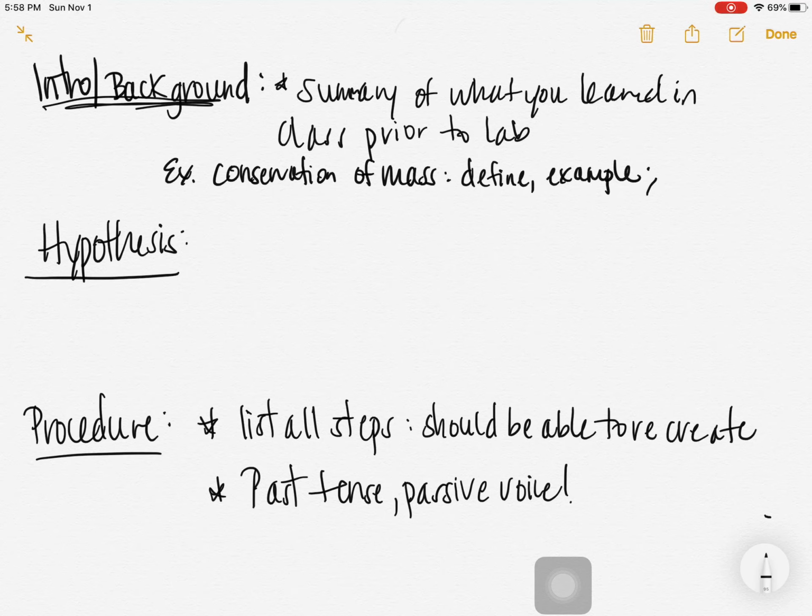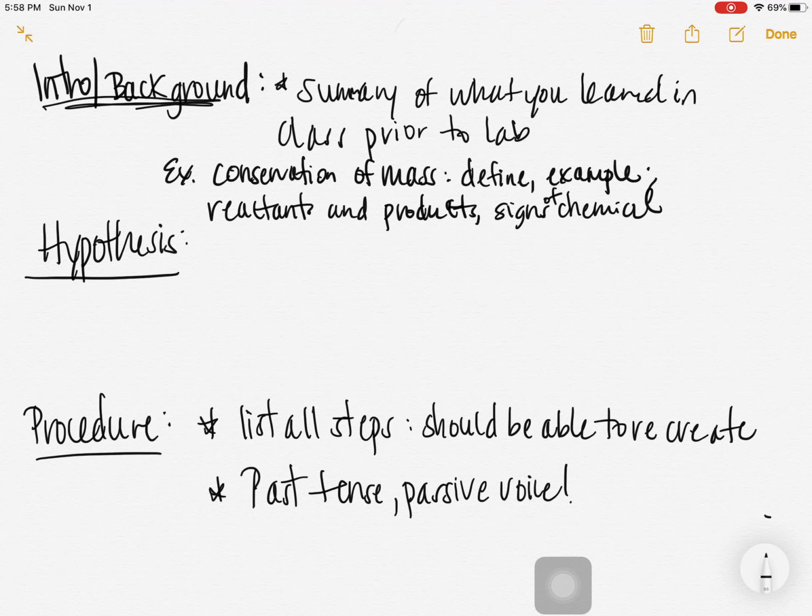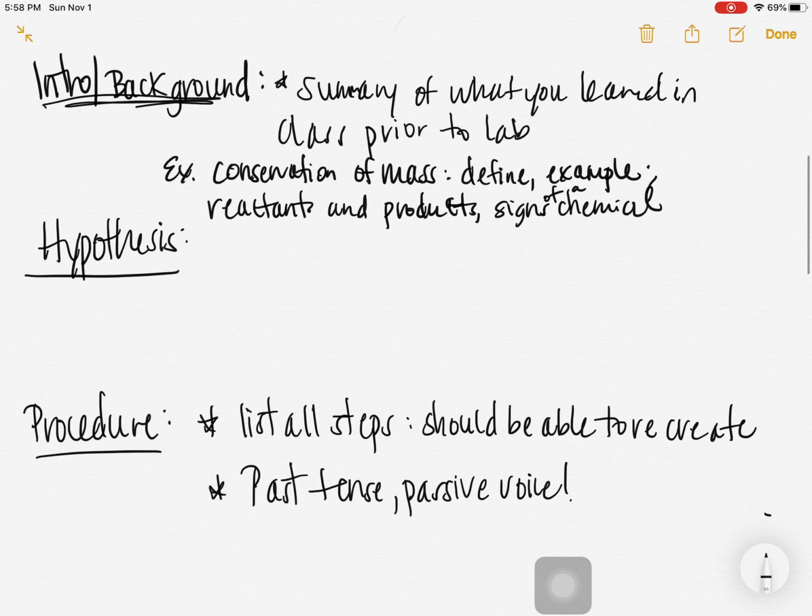If you use the words reactant and products, you might also want to define those. You might also want to talk about how do you know that a chemical reaction has occurred. I should say signs of a chemical reaction. Okay, so all of those things you should reference.